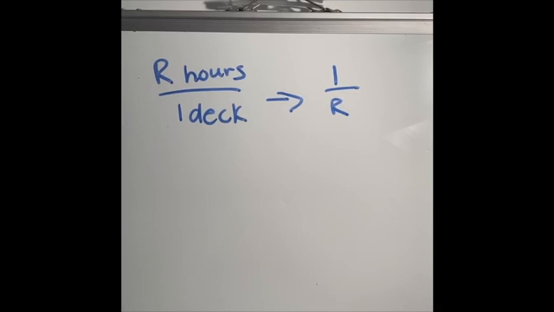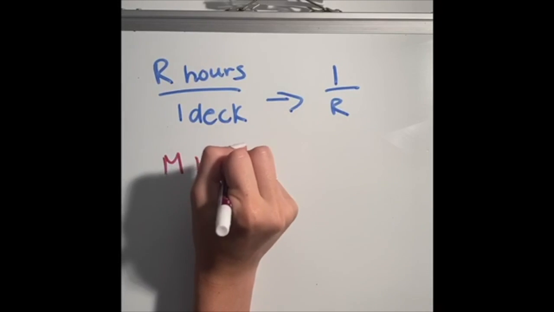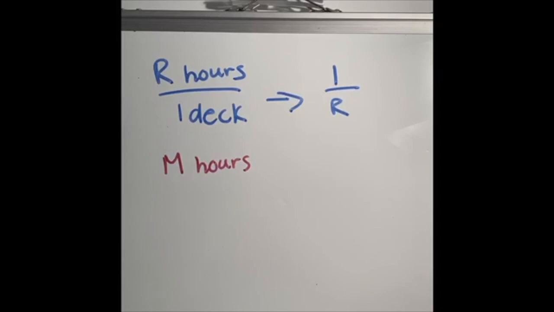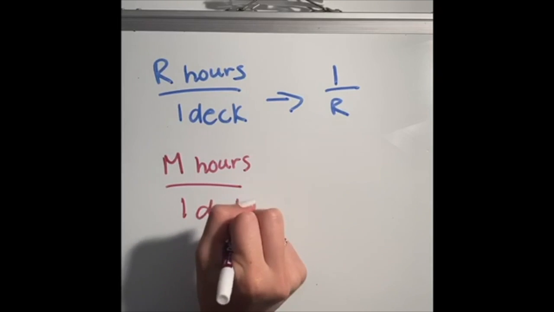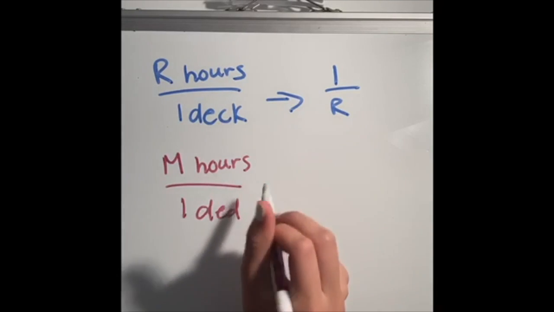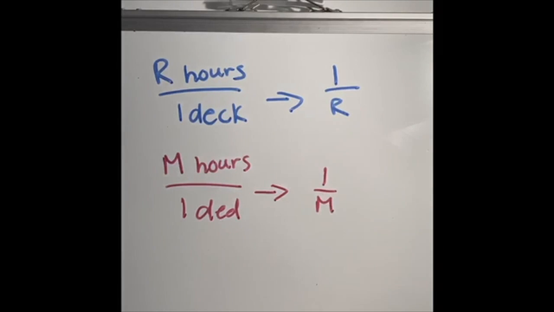For Madison, we will use M. So it is M hours over one deck. And if we inverse that, it's 1 over M.